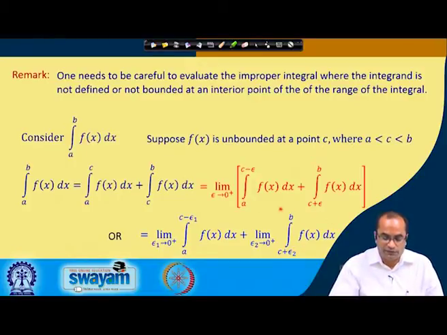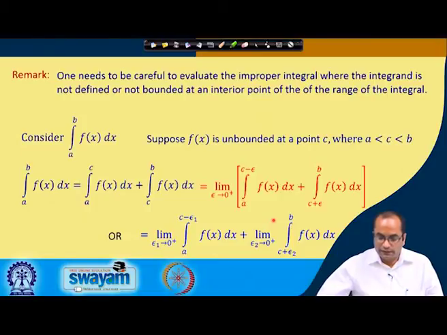So, we have now considered these two integrals separately. In the first approach we introduced one epsilon and avoided the point that way. In the case when we have convergent integrals, there is no problem whether you take this one or this one, it will come out the same.